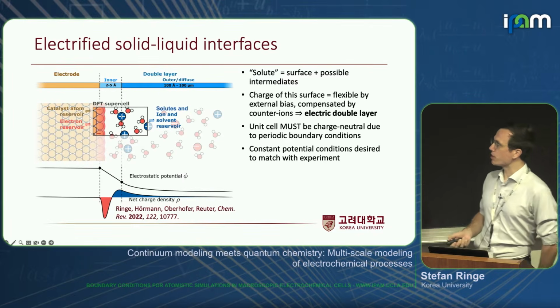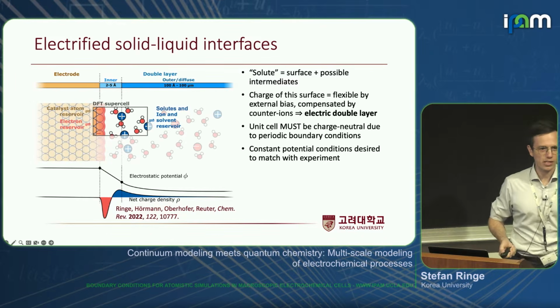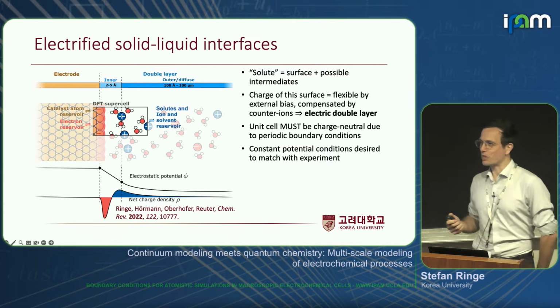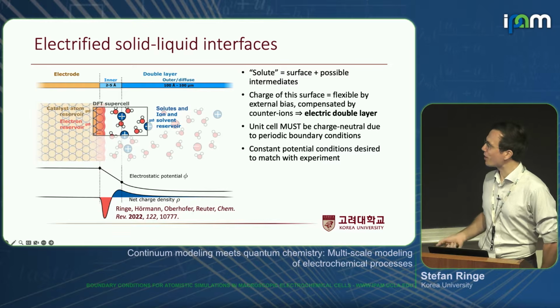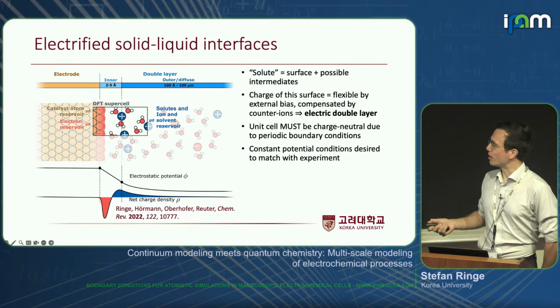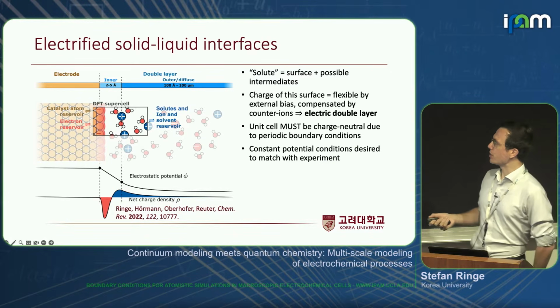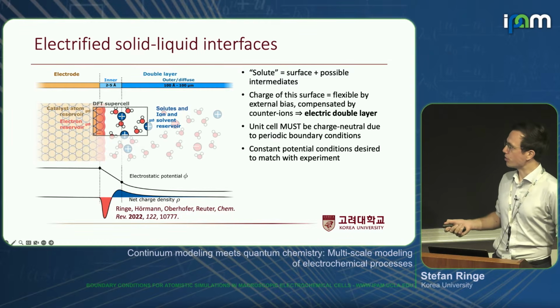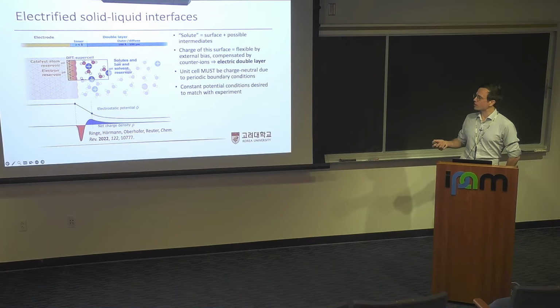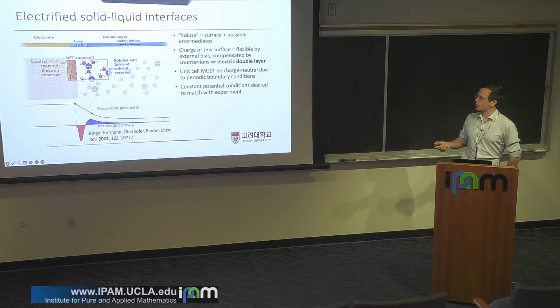So when we want to simulate electrochemistry, we need to simulate interfaces. I think that's pretty clear from this program so far. So we need to simulate this whole thing, the solid and the electrolyte. And if we do DFT, we usually have only access to a small part of that. So theoretically, we need to use the right boundary conditions, obviously, and we need to charge up our system.